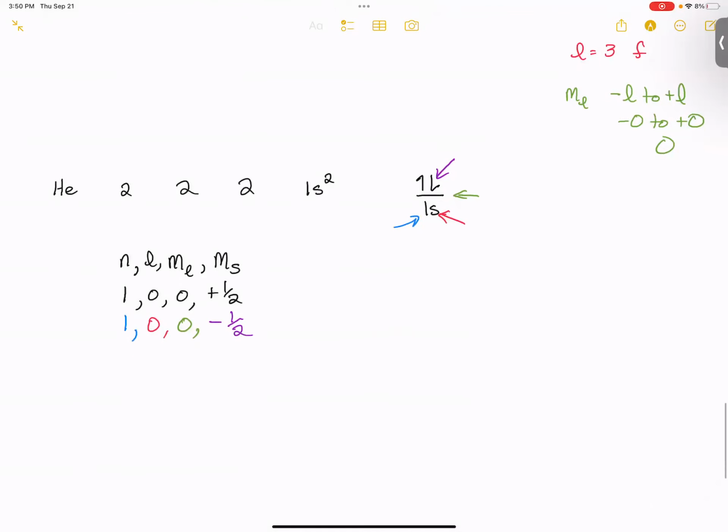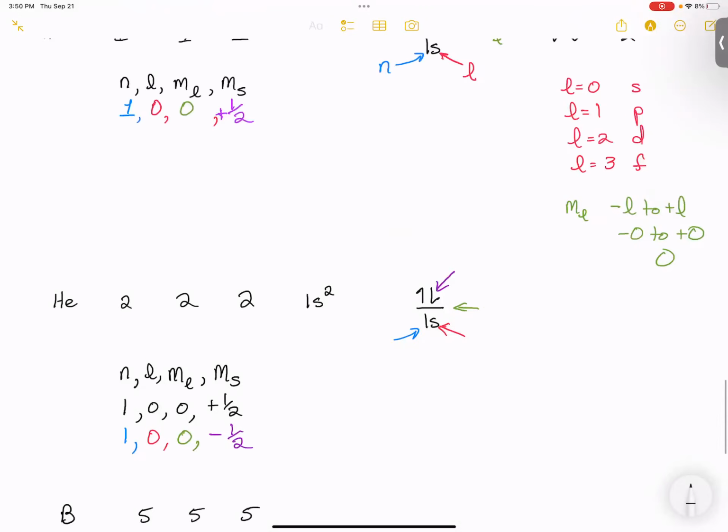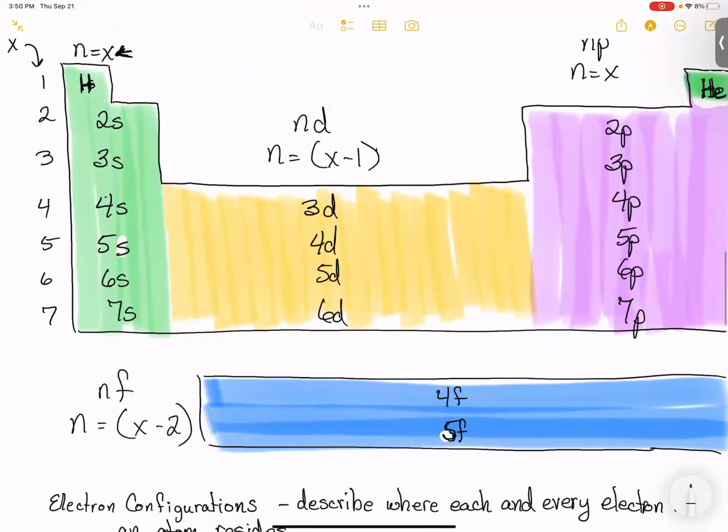Let's look at boron. Boron is element number 5. 5 protons, 5 electrons. On this periodic table up here, boron exists right here.